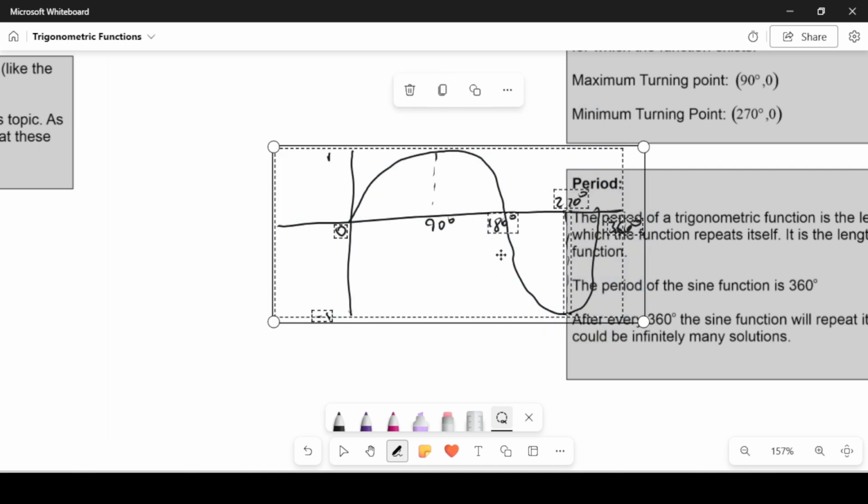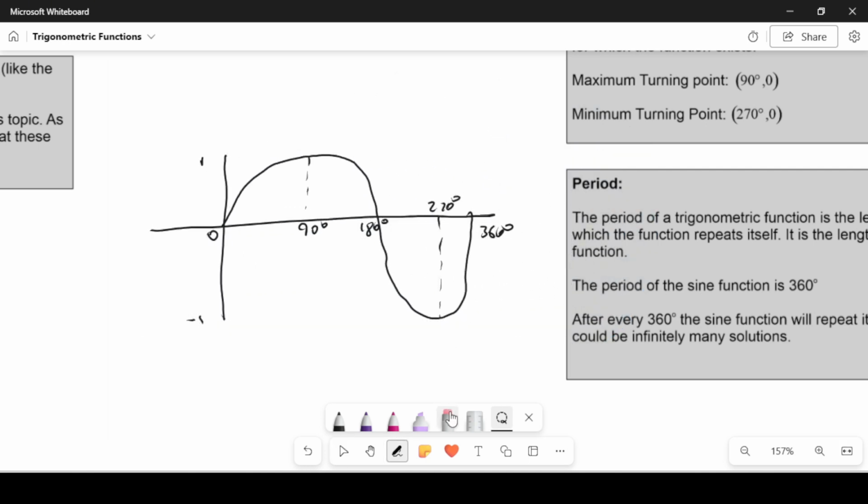Alternatively, what you can do is, let's learn the x-intercepts. So the x-intercepts are at 180 degrees and 360 degrees. The peak will be between 0 and 180 degrees, which is 90. So I'll say 180 degrees plus 0 divided by 2. It's exactly halfway here.